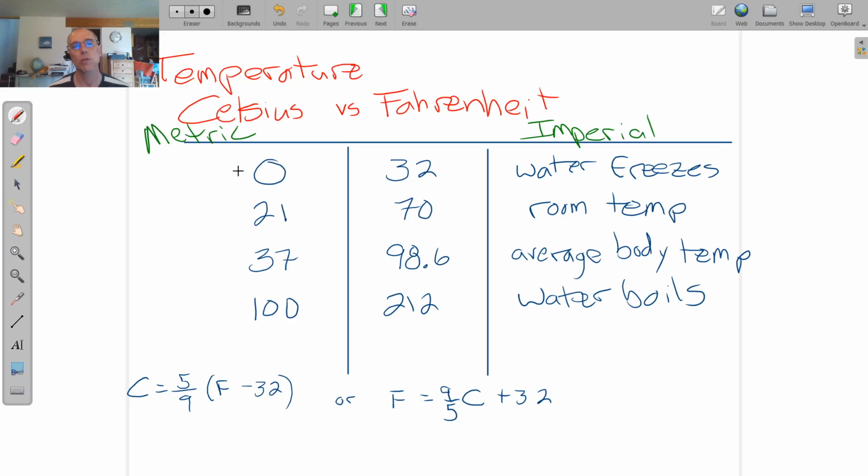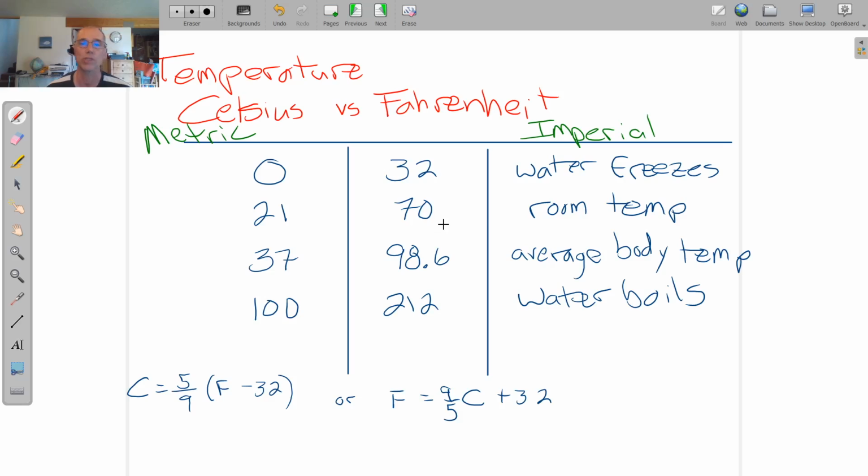I would recommend memorizing these 4 facts: that water freezes at 32 degrees Fahrenheit, which is 0 degrees Celsius. Another good one is water boils at 212 degrees Fahrenheit, which is 100 degrees Celsius. In between here, average human body temperature is 98.6 degrees Fahrenheit or 37 degrees Celsius. And room temperature, a lot of people say about 70 degrees is a comfortable room temperature.